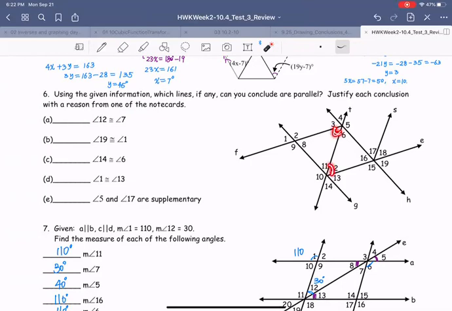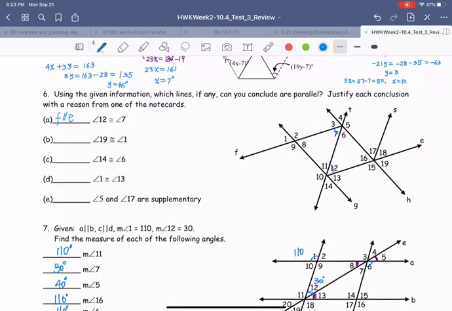If these two angles are equal, this guy is a transversal line, and these are parallel lines. These two are alternate interior angles, right? So you say F is parallel to E, correct?